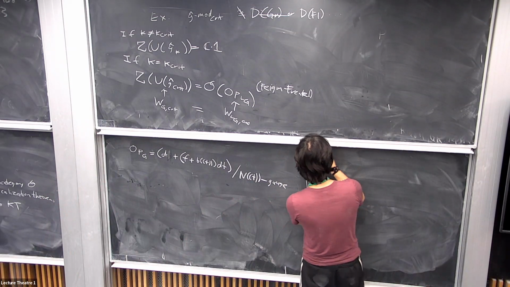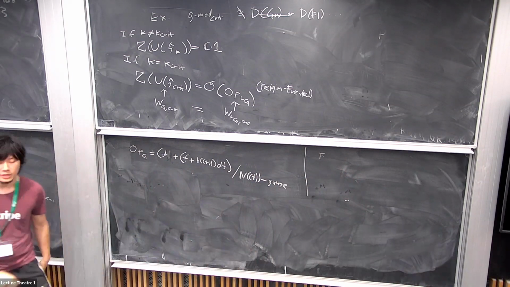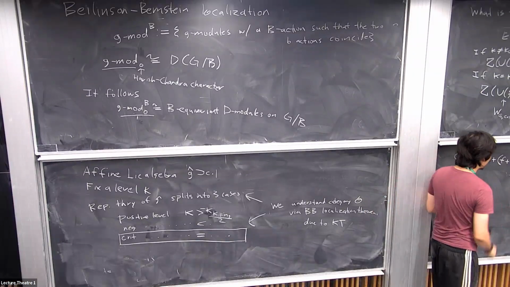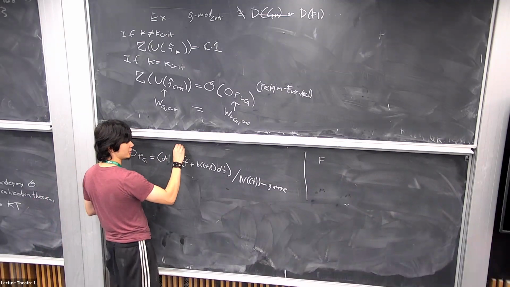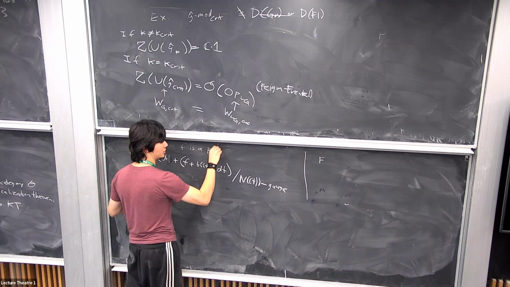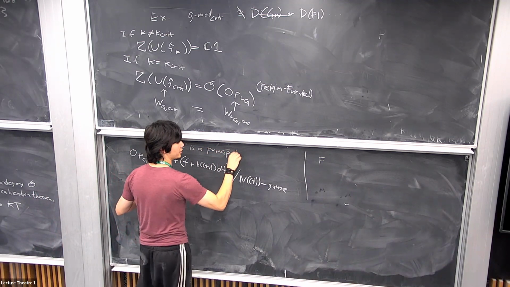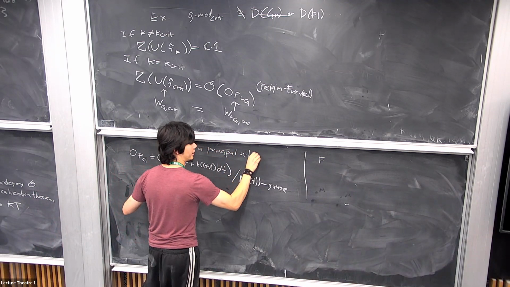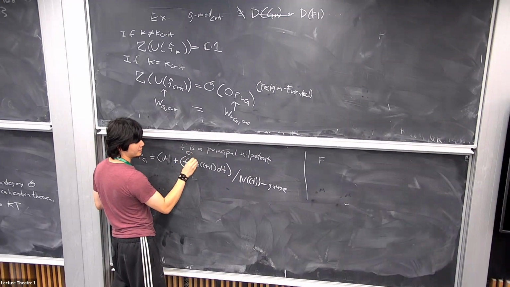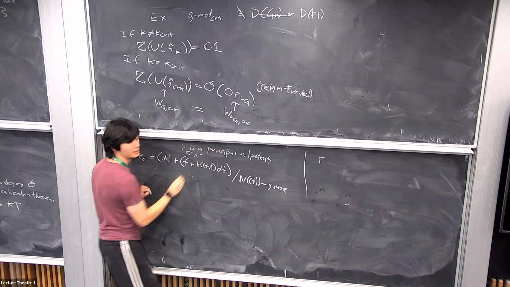Can you remind us who F is? Oh, sorry. So here, I'm using similar notation as Gerbier. E is a Borel, and F is a principal nilpotent, and here I'm taking F inside n minus.